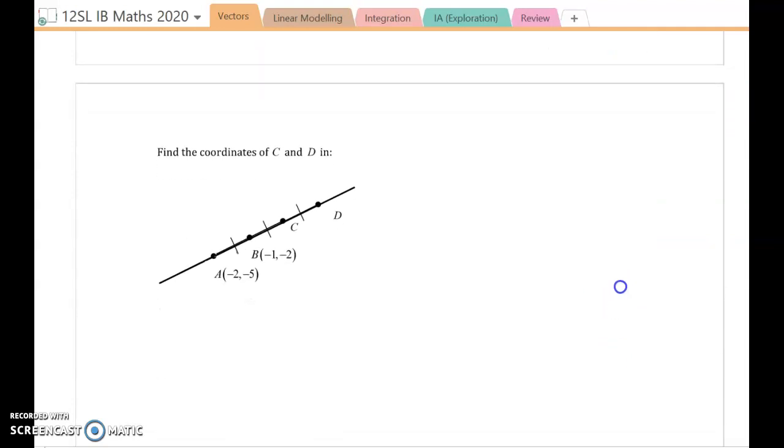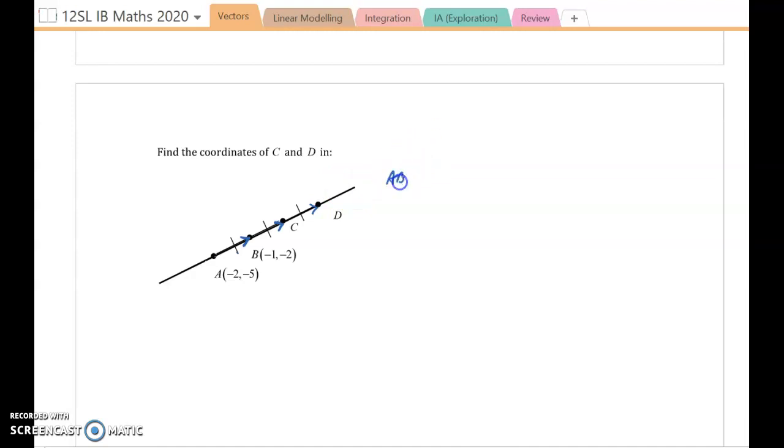For this example, it's saying find the coordinates of C and D, given that these are all equidistant. So I'm going to put in this vector then, and if that is the same length as this one and they're all along a straight line, then AB must be equal to BC, which must be equal to CD.